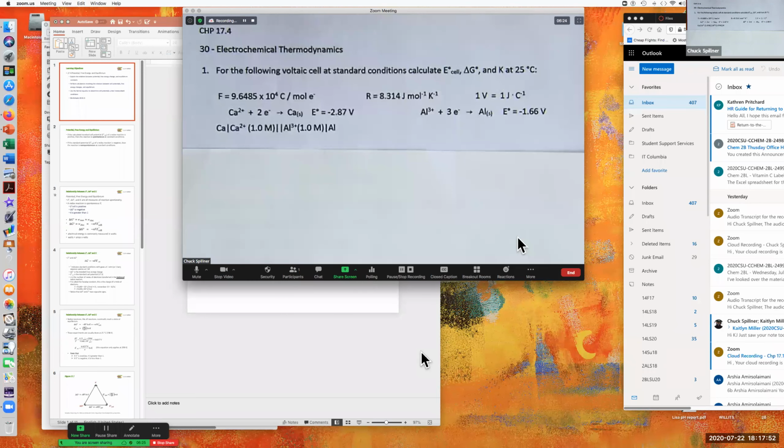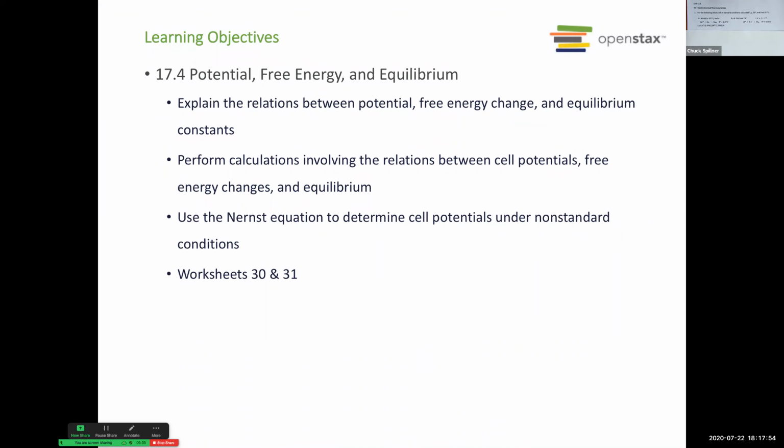So chapter 17.4 on potential, free energy, and equilibrium and how they are connected. So that's the purpose, is to show the relations, and these are equations between the cell potential that we already discussed in the last section, free energy change, which we discussed in chapter 16, and equilibrium constants, which we discussed in chapters 13, 14, and 15.